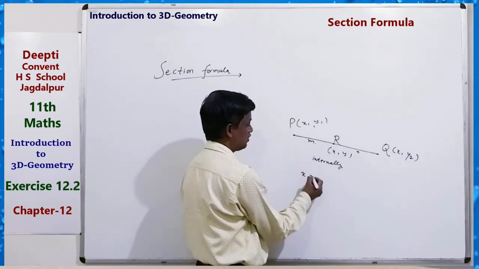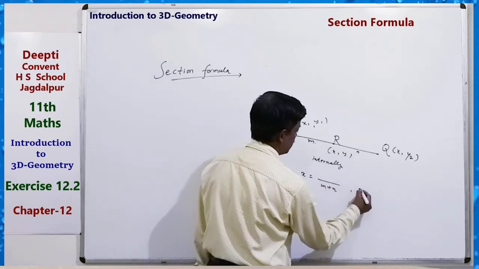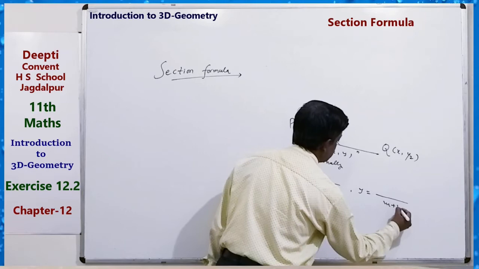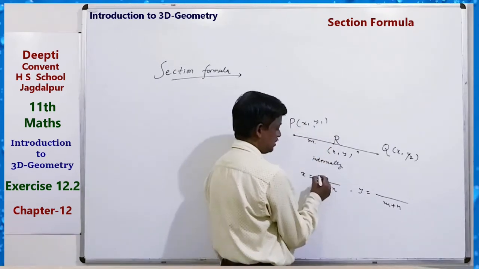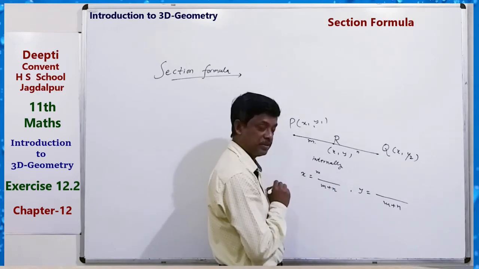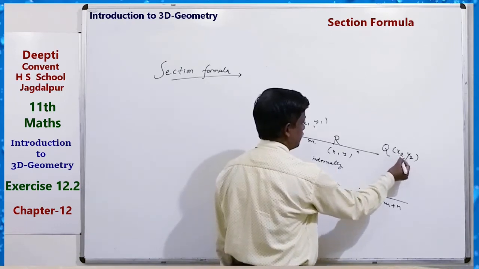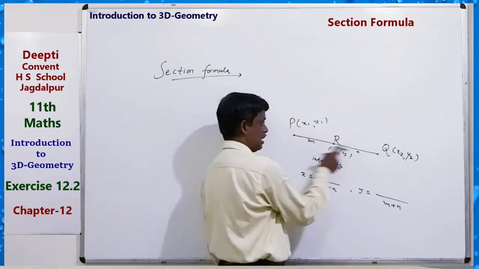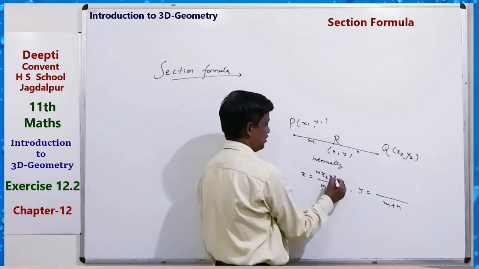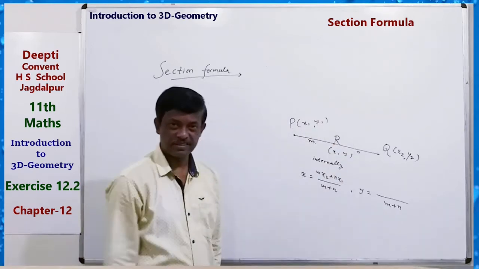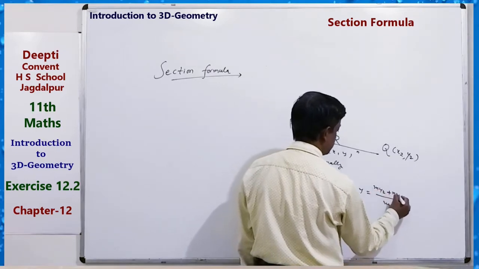then x equals m x2 plus n x1 over m plus n, and y equals m y2 plus n y1 over m plus n.